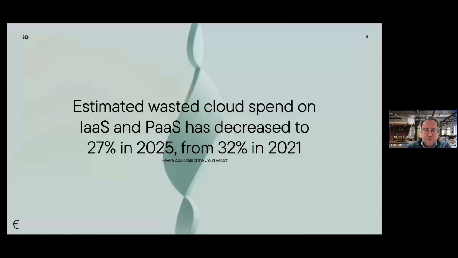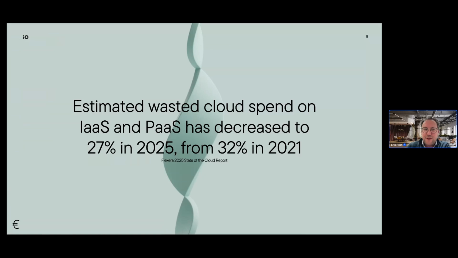So first one, cloud cost control. Well, there have been several research reports that look at cloud costs and how much waste there is. One of these reports said that this year there's already 27% of estimated cloud waste.